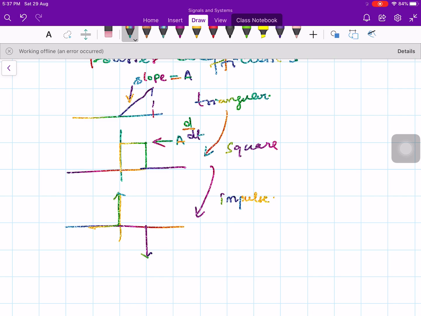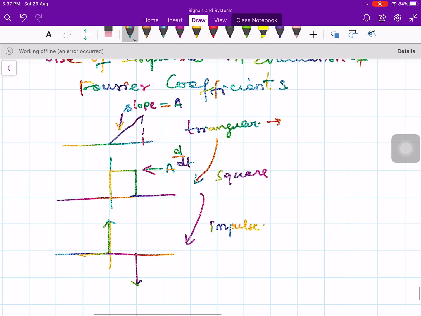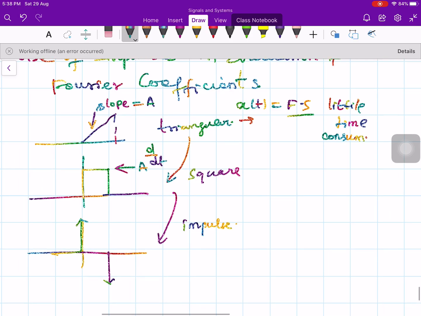Now why am I saying all these things? Because if you take a triangular pulse, let's say x of t, and want to calculate a Fourier series, a little more involvement is needed. It is a little time consuming job for a periodic triangular waveform.